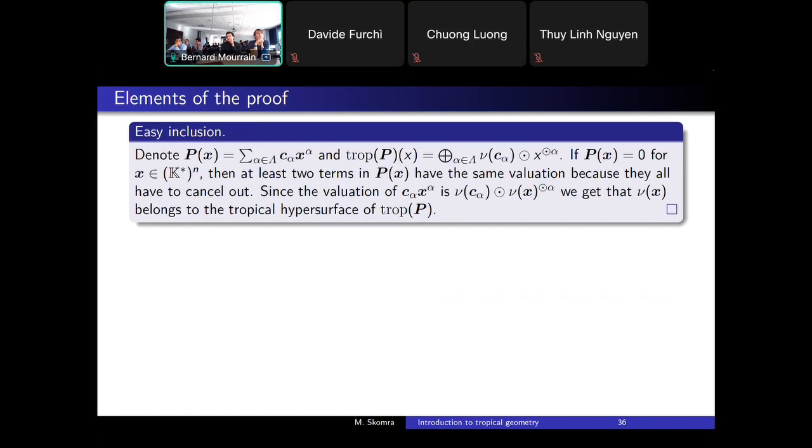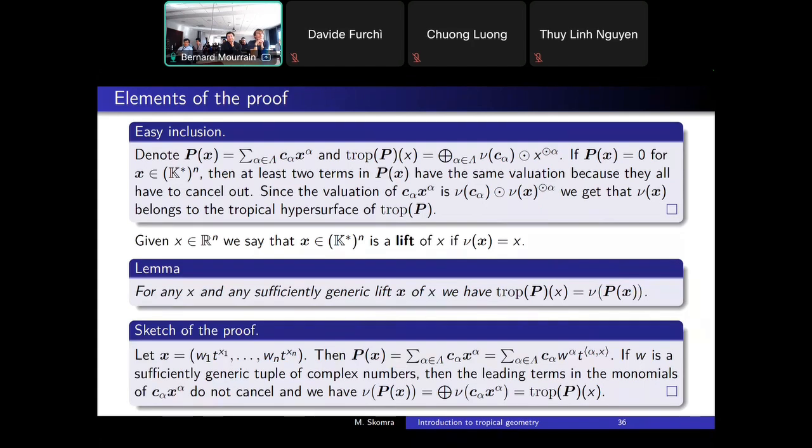And now the complicated part is to convince ourselves that the opposite is true. If you give me a point on the tropical hypersurface, then I can find a corresponding point in the algebraic hypersurface whose valuation is my point on the tropicals. Okay. So in order to do that, there's a simple definition.